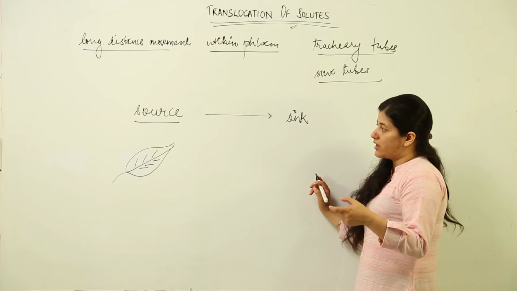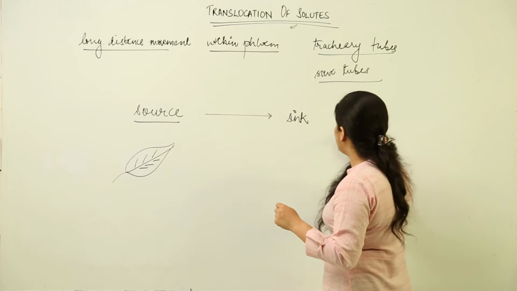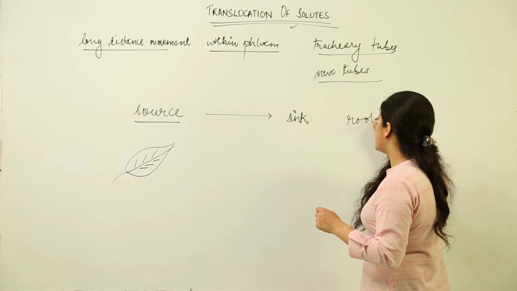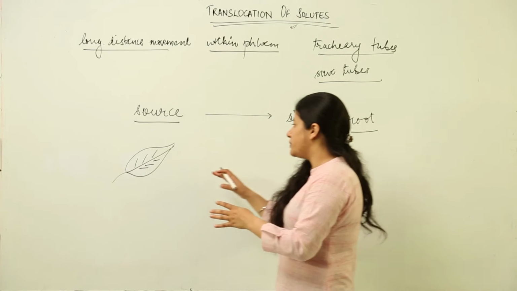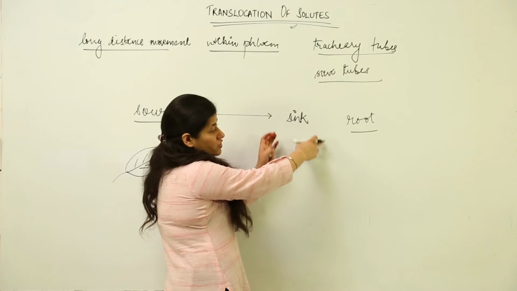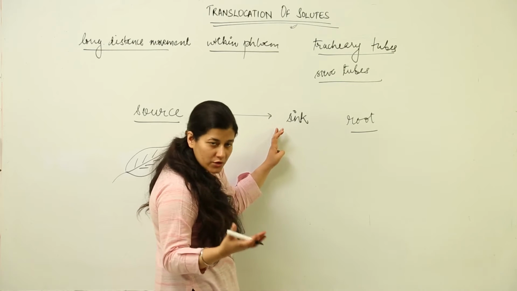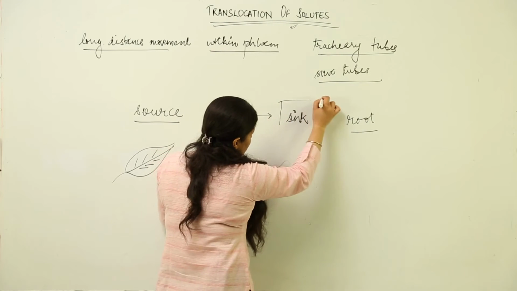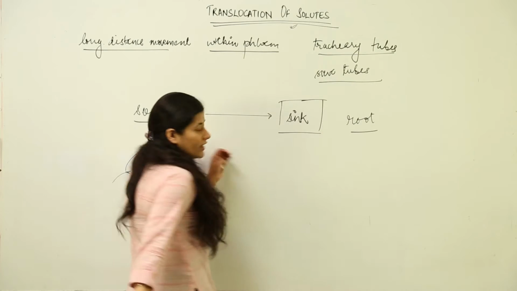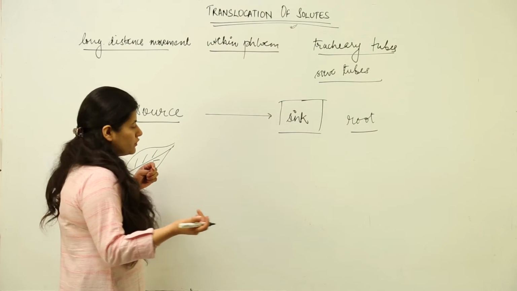Supposedly, we take into account the source as the leaf, and the sink happens to be the root. So, you know the root cannot form the food. So, the food which is being formed at the source will be transported to root, which would be the area where the food that is being formed will be utilized, and hence it is called sink. Okay, there could be another source, there could be another area of utilization.